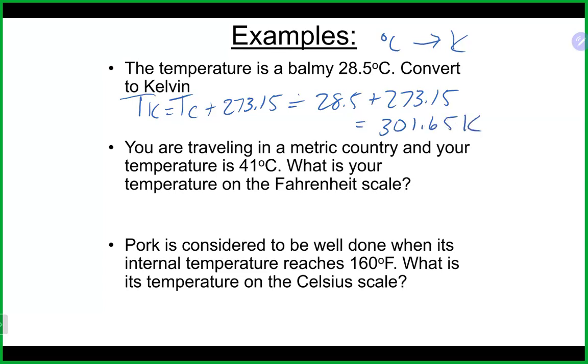Now, in terms of where we should go with our answer, our original number here went to one decimal place. So here we would round this to 301.7 Kelvin in this case. Any questions on that? Okay.